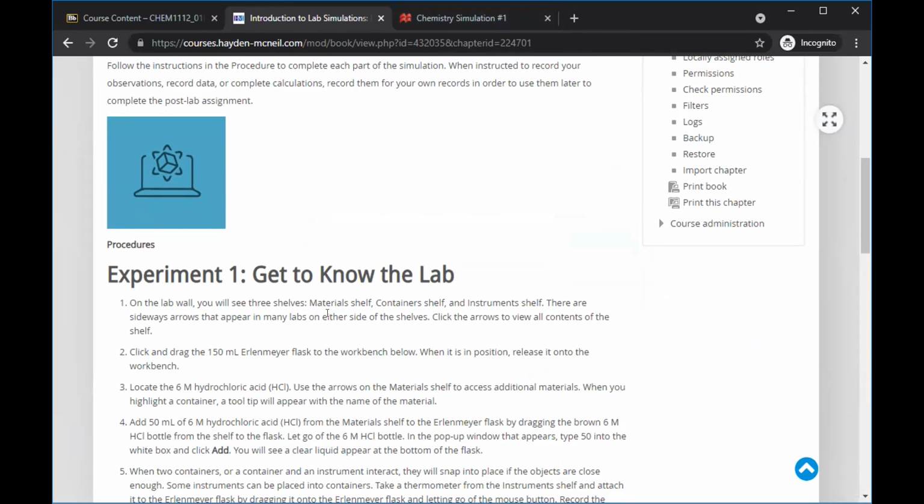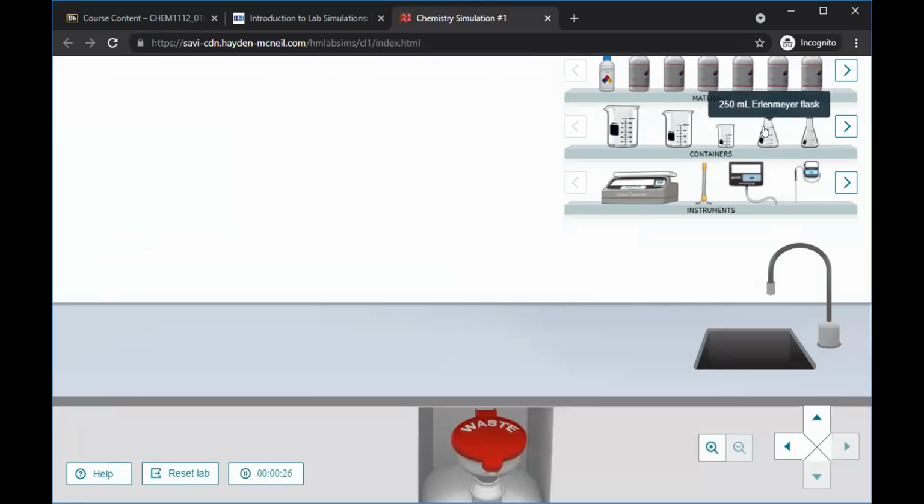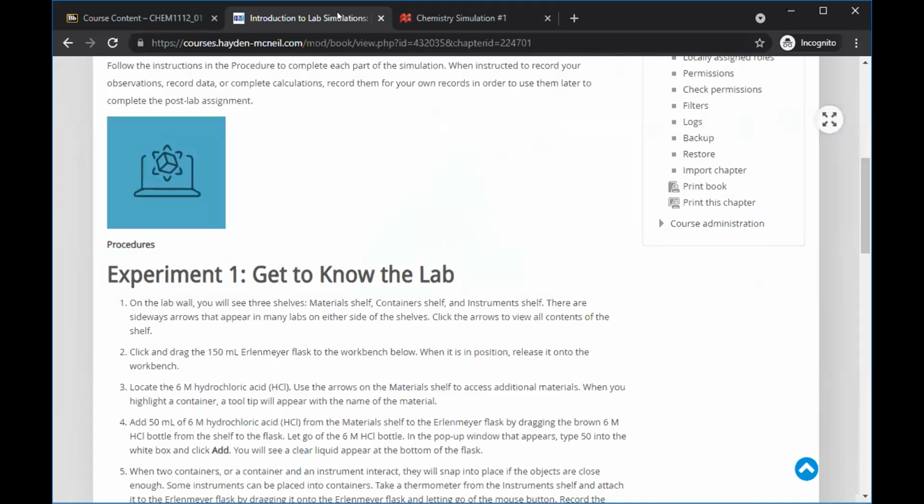On the lab wall, there's 3 shelves. And there's an arrow on either side of the shelf that you can click to scroll through the content. So click and drag the 150 milliliter Erlenmeyer flask. When you highlight stuff, it'll tell you what it is. So I need the 150 milliliter Erlenmeyer, put it on my lab bench.